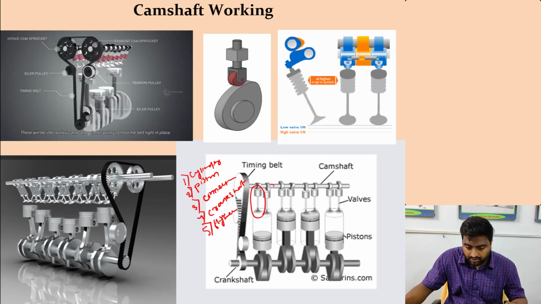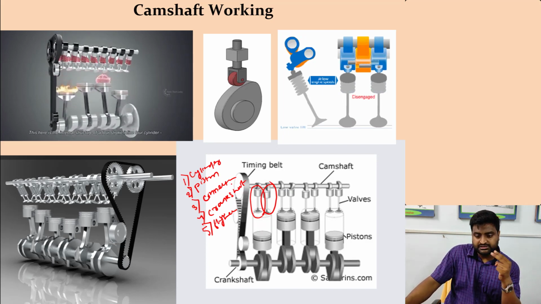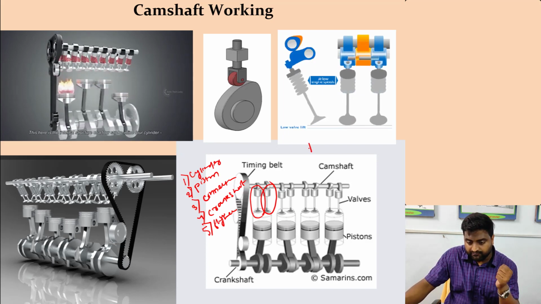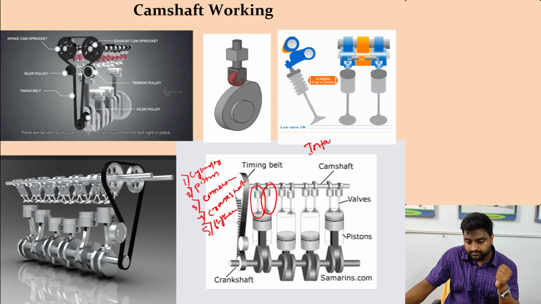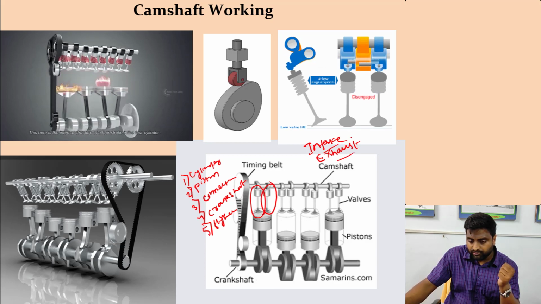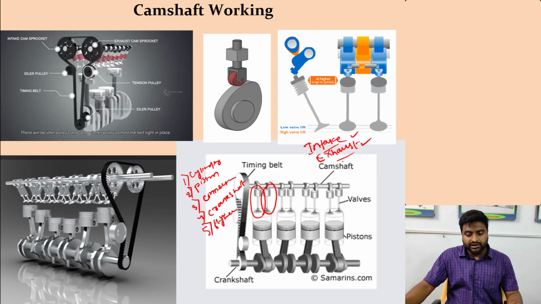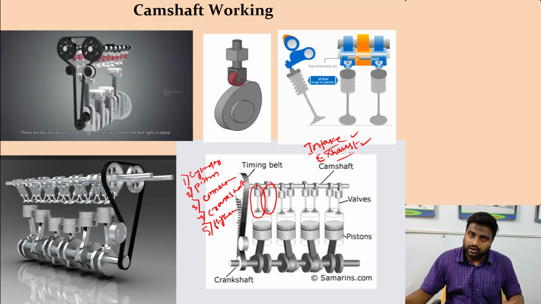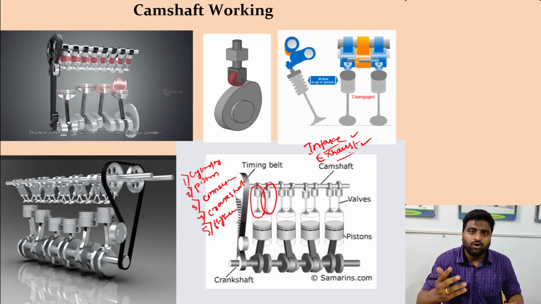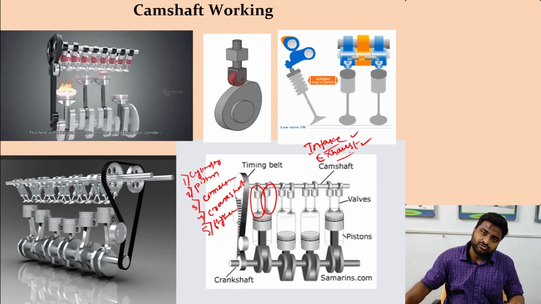Okay. So generally, two types of valves are there in the engine. One is the intake valve, one is the exhaust valve. Intake valve, one may not be familiar, but exhaust valve, I think all have seen in day-to-day life. I think all have heard the word silencer, through which the waste gases actually come out.